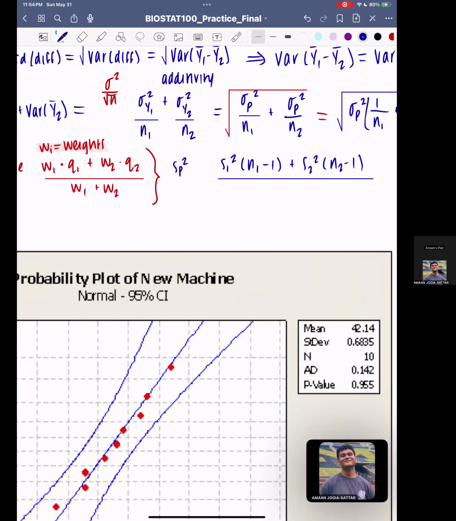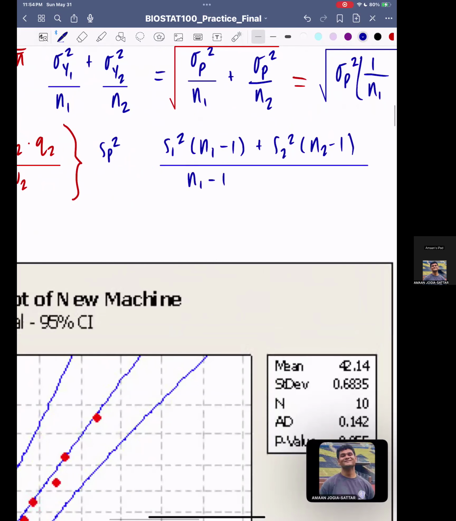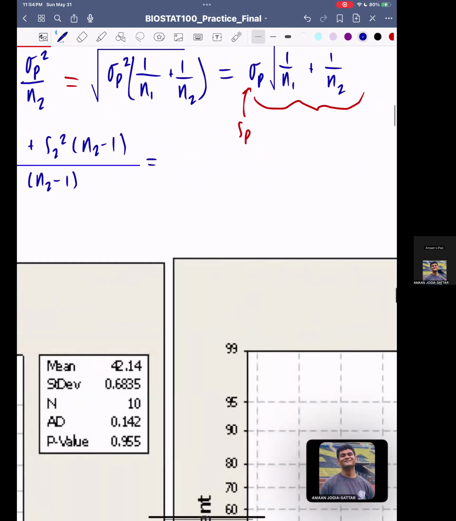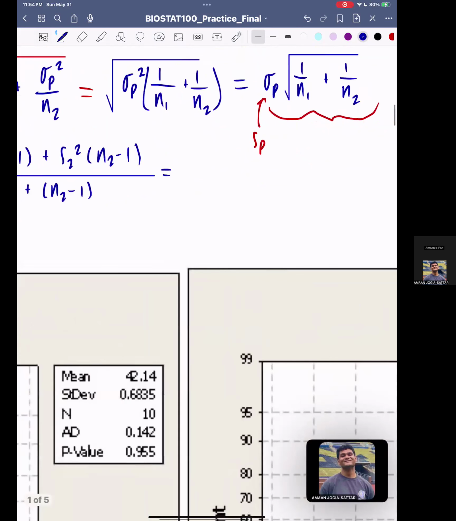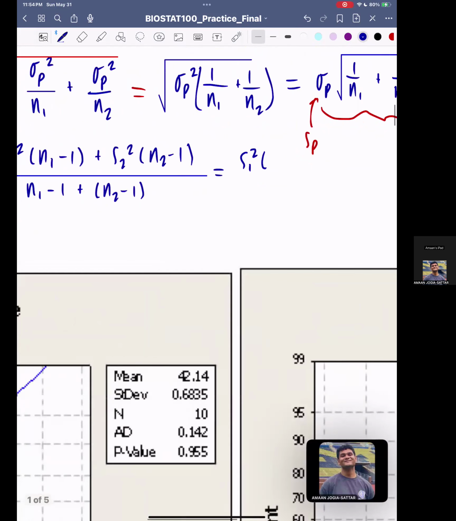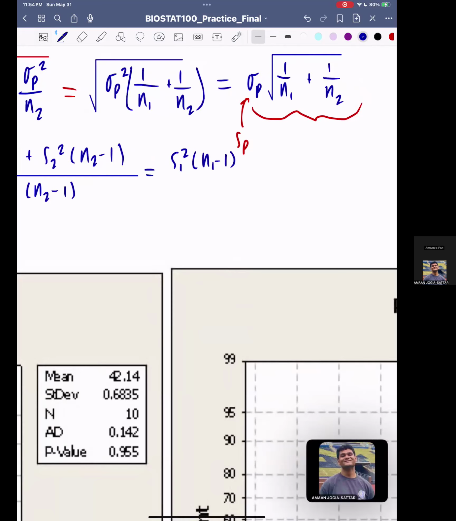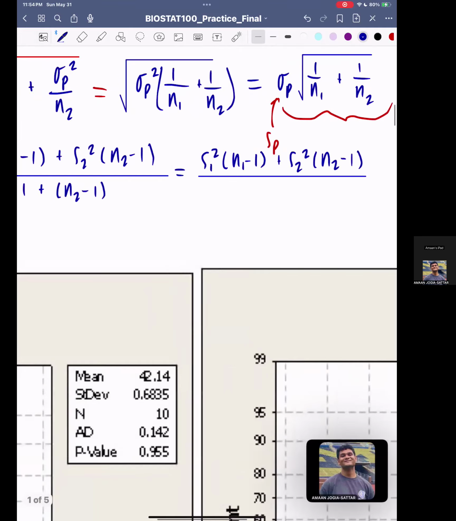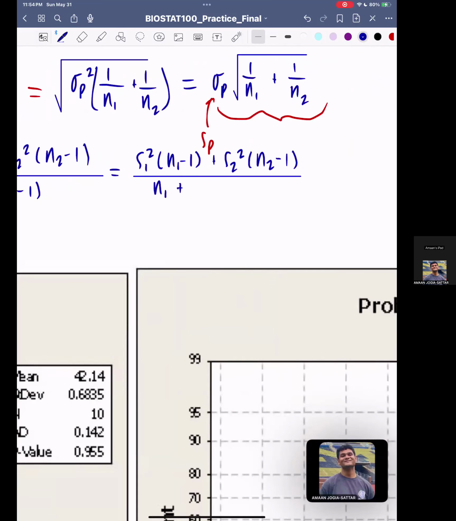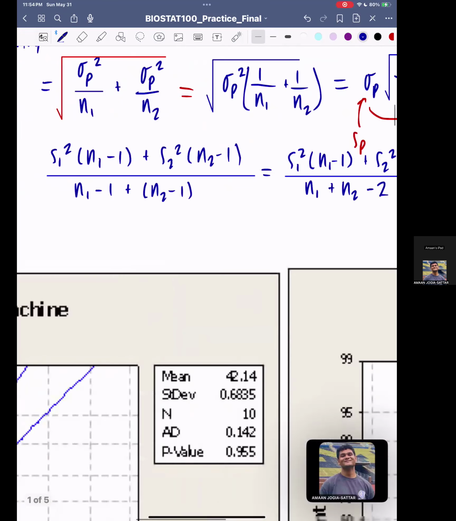And remember, we're just dividing by the sum of the weights. So we have n1 minus 1 plus n2 minus 1. We don't need those parentheses actually, which is going to be equal to S1 squared times n1 minus 1 plus S2 squared times n2 minus 1, divided by n1 plus n2 minus 2. We just take those two minus 1s and bring them together.